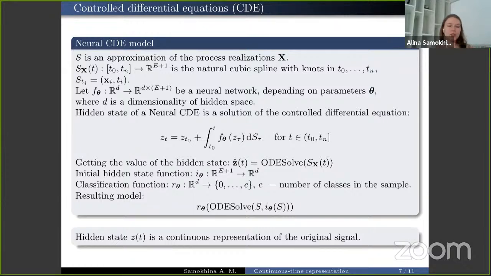We get our initial hidden state and then solve the controlled equation, and on our hidden state we do the classification. Later I will show you that the hidden state Z actually is a continuous representation of the original signal.